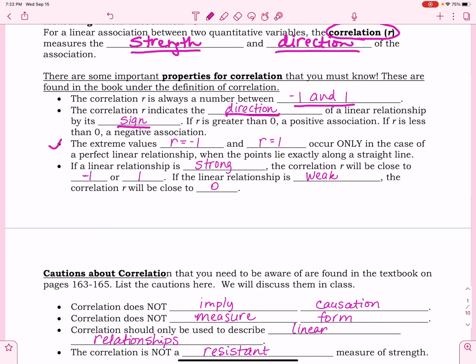So that means that correlation is always going to be a decimal because our extreme values, -1 and 1, only occur when we have a perfectly straight line, which real data rarely produces. Keep in mind that it shows me direction by its sign. If it's positive, that means a positive association. If it's negative, there's a negative association. All right, the closer the correlation is to 1 or -1, the stronger it is. The closer it is to 0, the weaker it is.